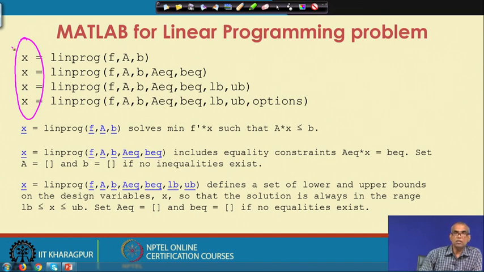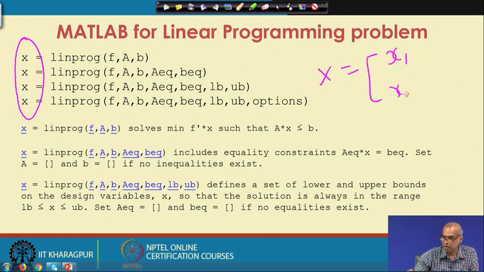So, x is a vector which contains all the decision variables as components of the vector. So, x is the solution vector. If you have a linear programming problem with two variables x1 and x2, then x will be a vector with components x1, x2.